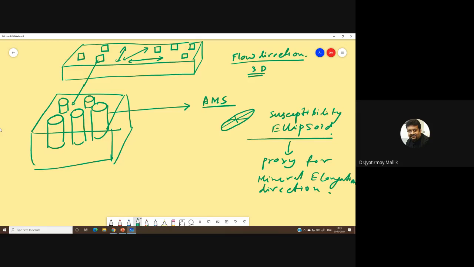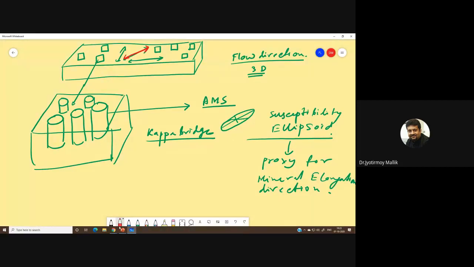You don't have to prepare thin sections and do a very cumbersome job of measuring each mineral's orientation. Rather, you can take out samples, drill out cores, and take them through an instrument called a Kappa bridge, and find out the susceptibility ellipsoid for each of these specimens. Then you can do your statistics to find out how the flow direction actually went, whether it is indeed northeast-southwest, or east-west, or north-south.